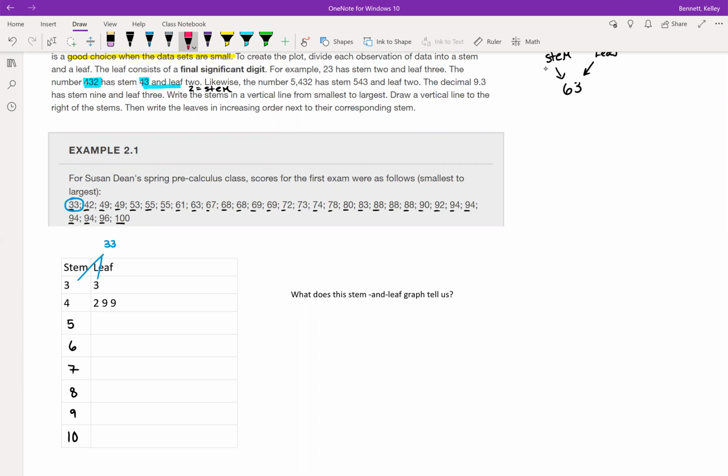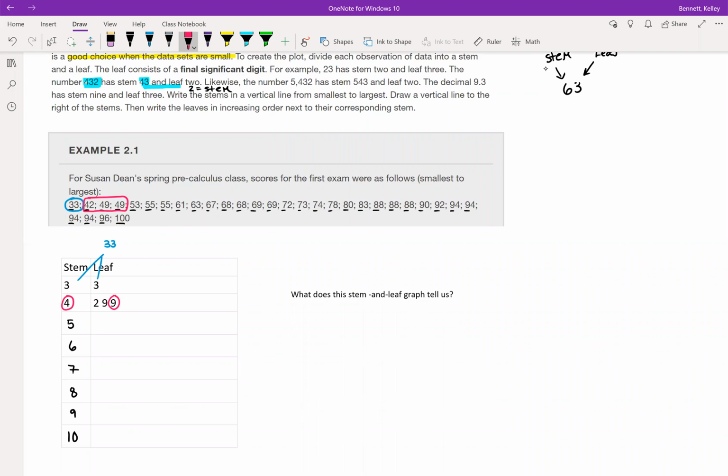We've got 3 numbers in the 40s. We've got 42. The 4 and the 2 together represent 42. And we've got 2 49s. So the 4 and the 9 together represent 49. And the other 49 comes from the second 9 here.